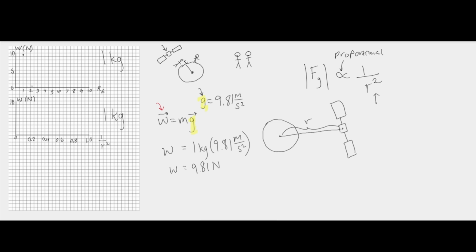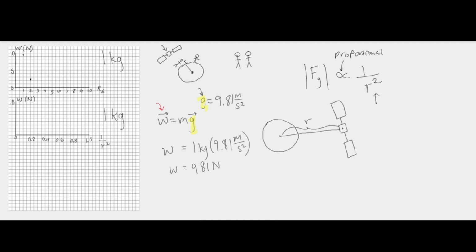So that's just one way of expressing this distance. And what you'll find is that if you go 2 Earth radii away, that force for that 1 kilogram object is just slightly over 2. So this is 5, so it'd be slightly over 2.